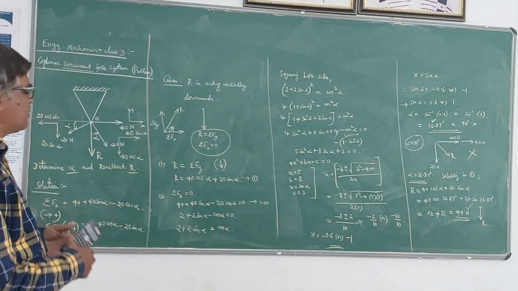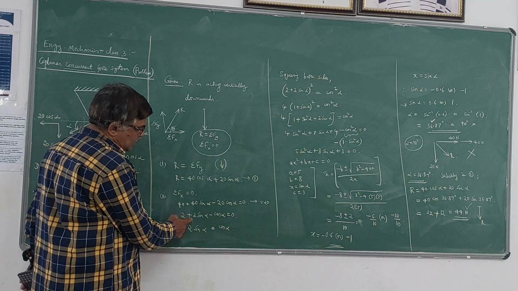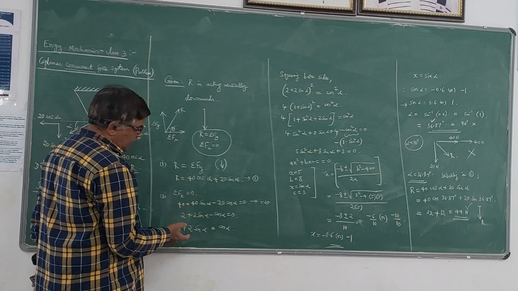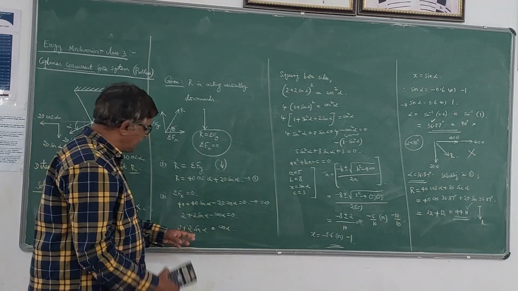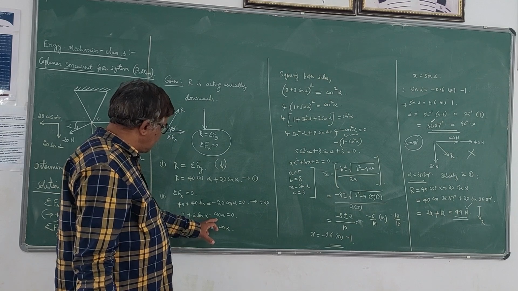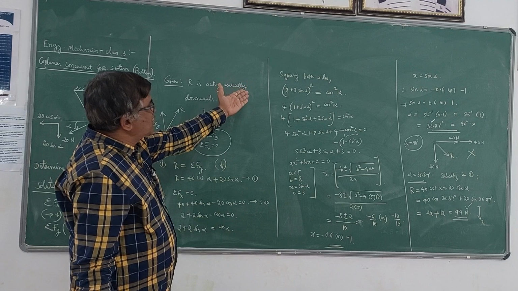The same problem can be tackled by converting this equation into a quadratic equation in cos alpha also. In that case, the sin alpha term we have to retain in the LHS, and this cos alpha term and this 2 we have to bring to the RHS, squaring both sides.